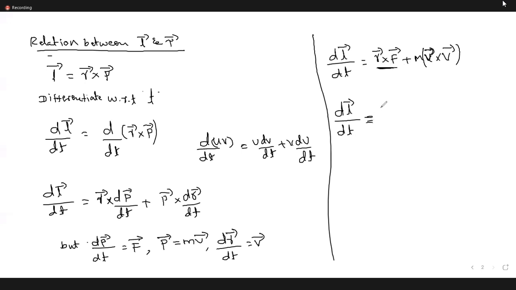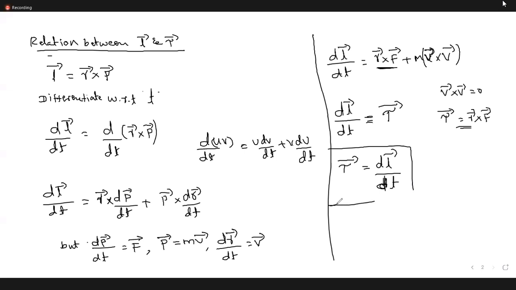Torque tau. So finally we get torque tau equals the rate of change of angular momentum. Hope you understand.